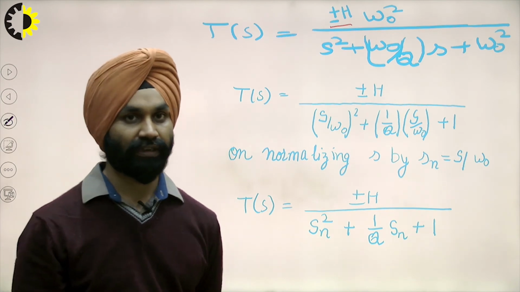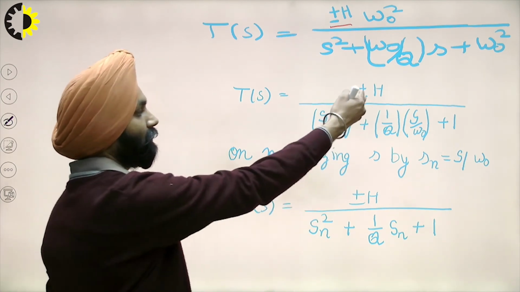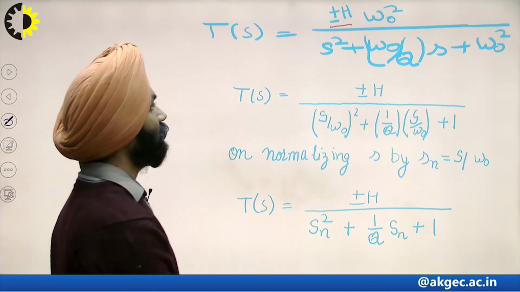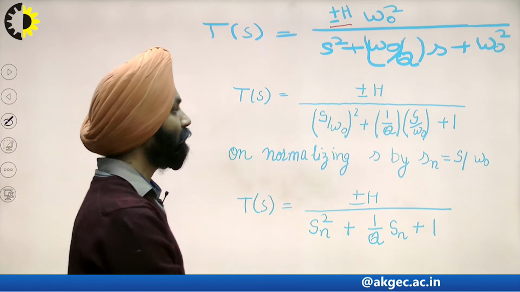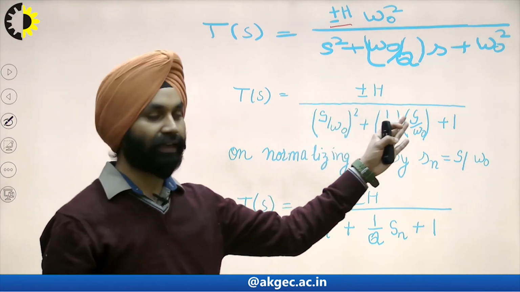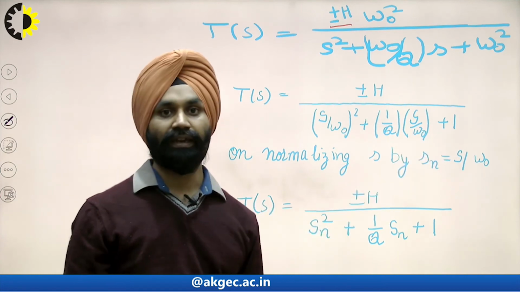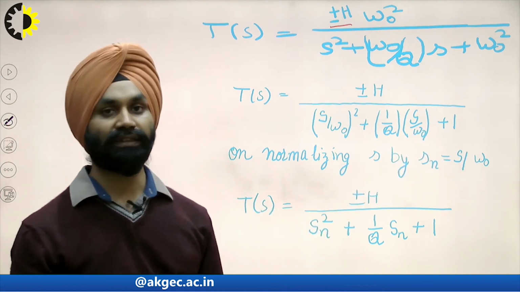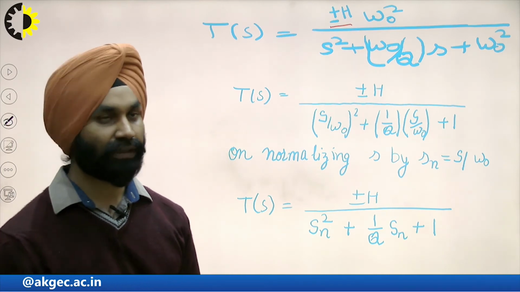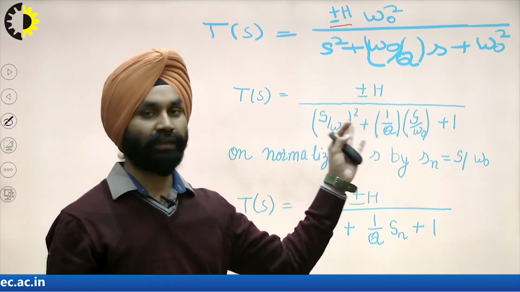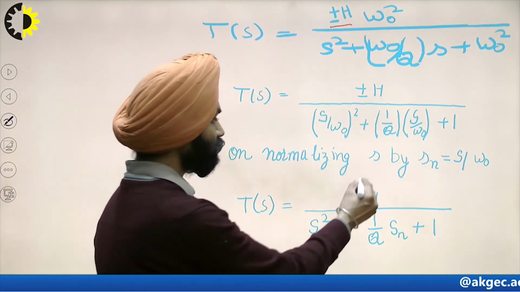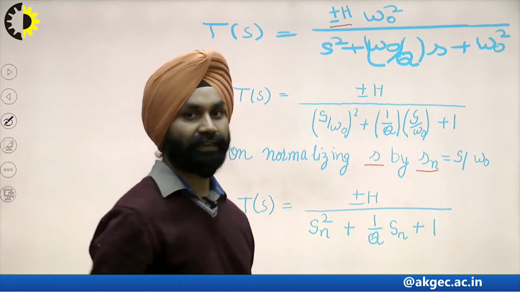After some solving of this equation, we will get 1 upon H upon s upon omega naught plus Q upon s omega naught plus 1. Let us suppose we normalize our s domain. Normalized s domain means dividing s by omega naught, so we are shifting our plane from s to Sn, where Sn is s by omega naught.